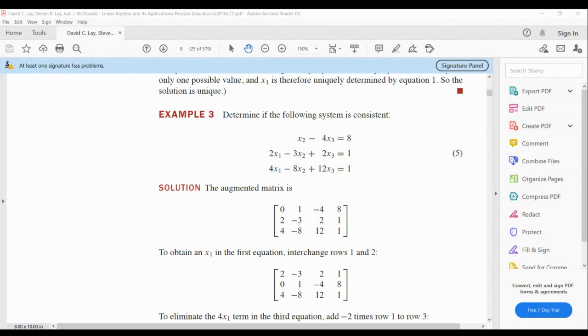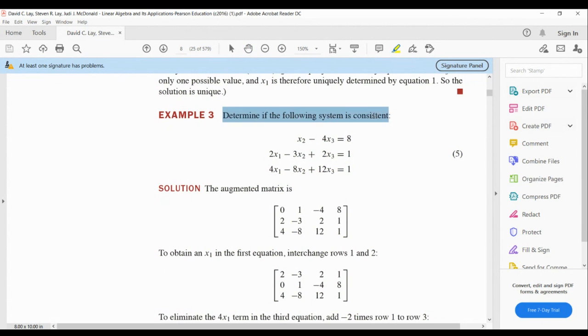we want to see, hold on here, let me use my little thing here. Hold on. Yeah, we want to determine if this system is consistent.